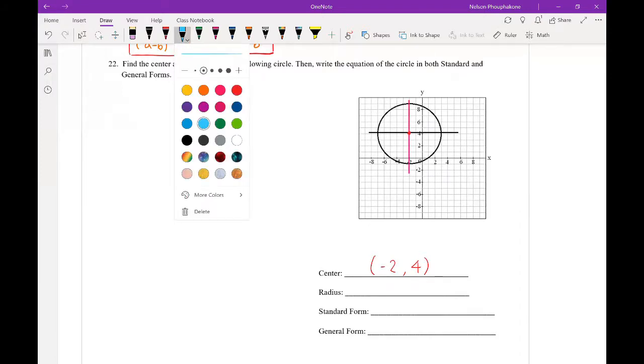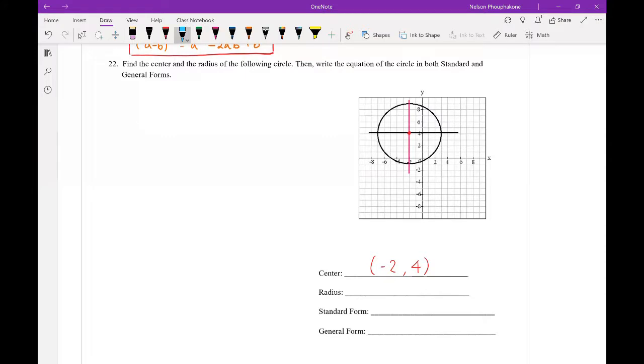Of course, the radius will be here, right? Okay, then it will be what? 1, 2, 3, 4, 5. So the radius is 5.